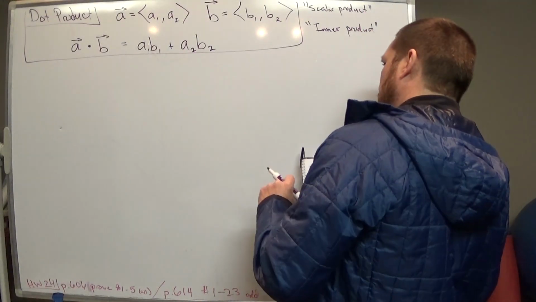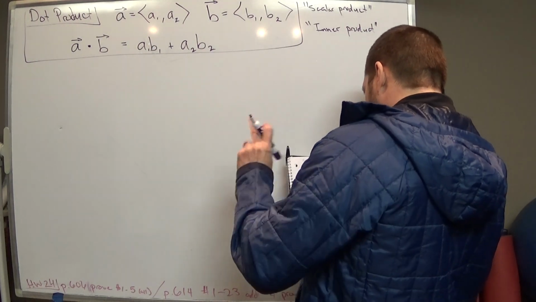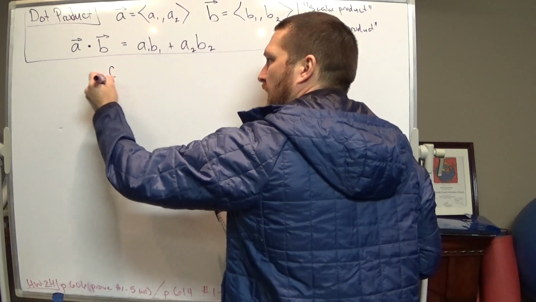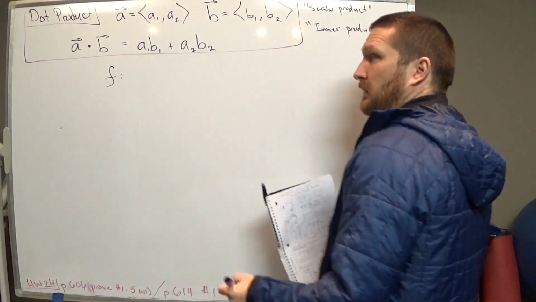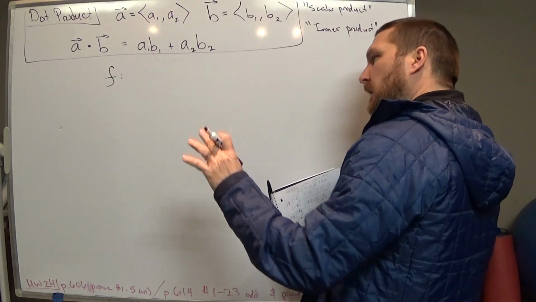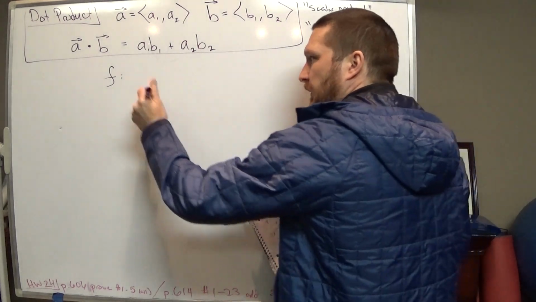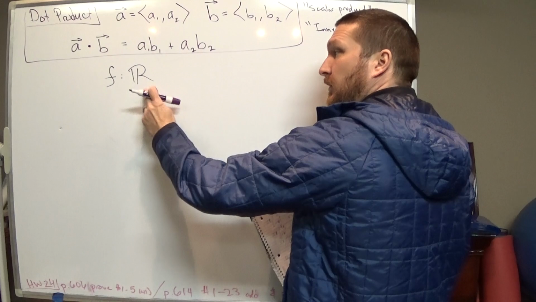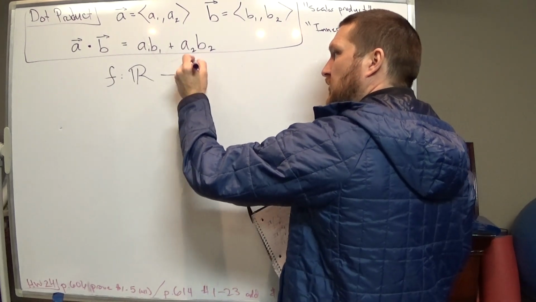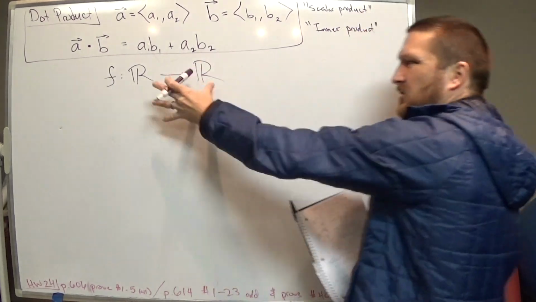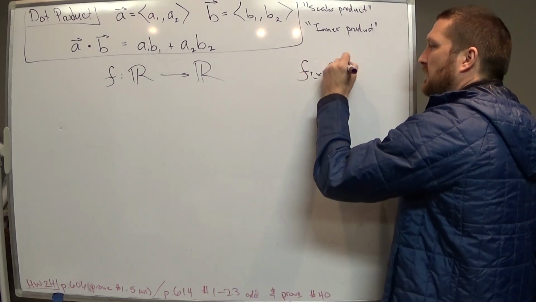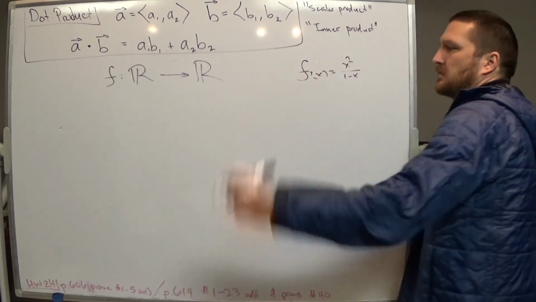Now check this out. Every function that we've ever talked about, except for briefly, is a map, which maps inputs from the real numbers into outputs from the real numbers. So like if I had some function, let's say f of x equals x squared over 1 minus x, something like that.